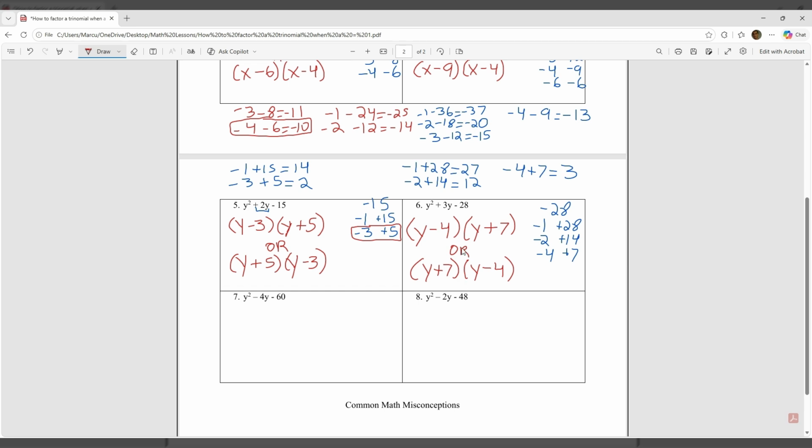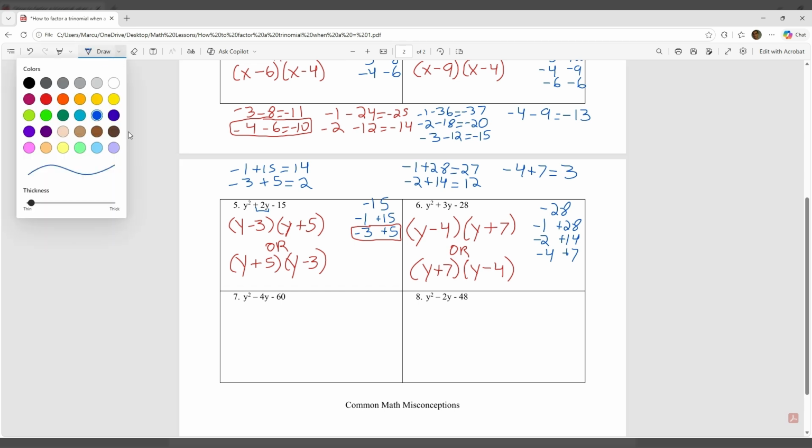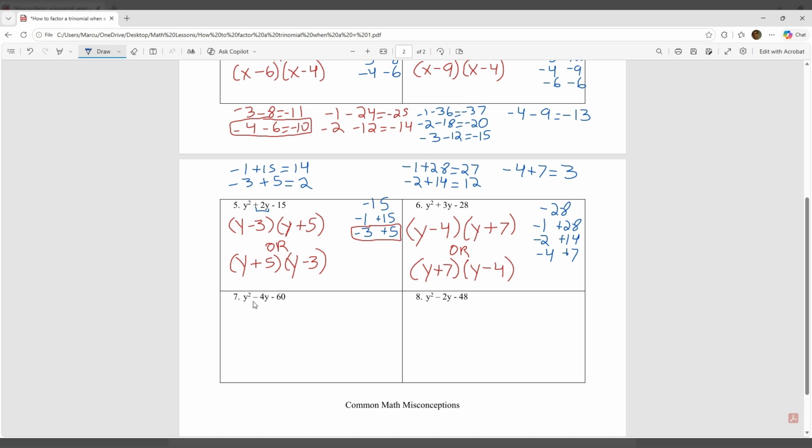Okay, so now we're going to go ahead and try question number 7 together. It's somewhat similar to 5 and 6. However, your middle term is negative this time. So that means your bigger number is going to be negative. So factors of negative 60.